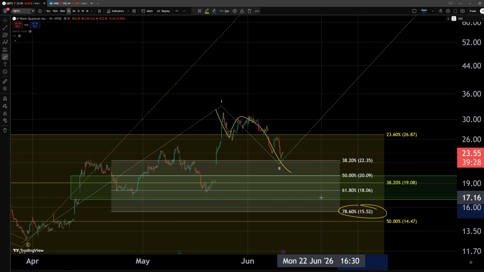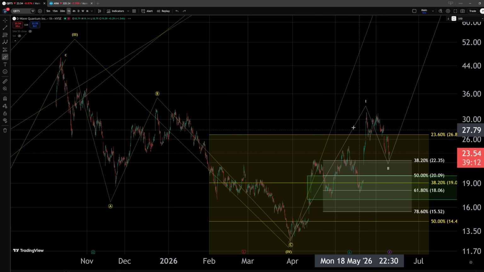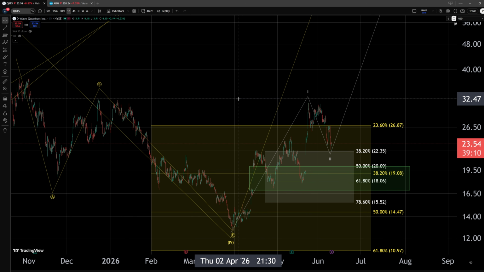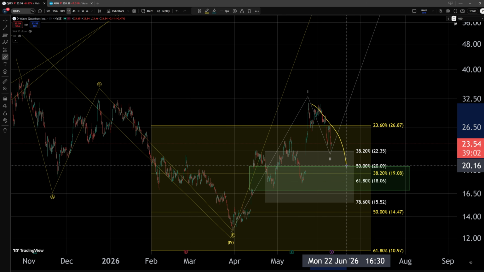As long as we do not get a sustained break below the last level of support, the 78.6% retracement, I can still favor continuation to higher prices within what could be a quite explosive movement. In addition to that, I have identified some structural support levels we can watch out for when looking for a more substantial bottom to potentially form as we extend deeper into this area of support.